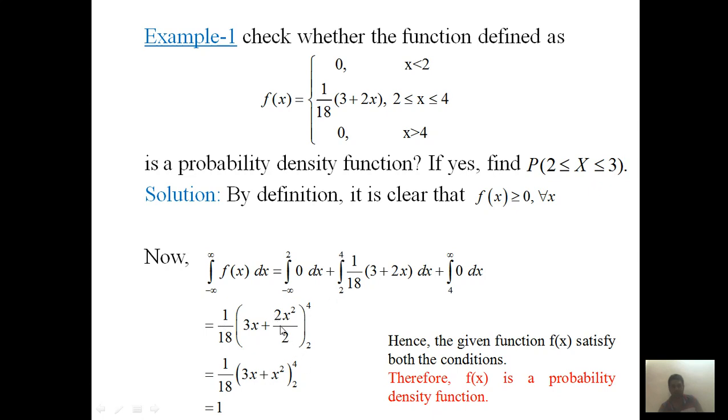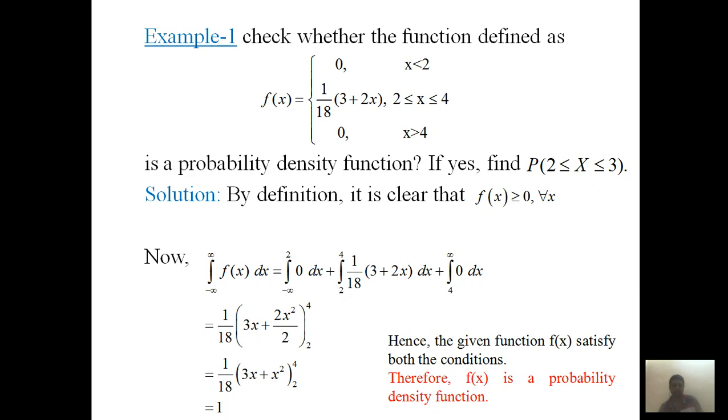For simplification we cancel out this 2, so it's 3x plus x square, boundary 2 to 4, 1/18 as it is. Now substitute the upper limit first, so 3 into 4 plus 4 square, minus the lower limit, 3 into 2 plus 2 square, and further simplification leads to the value 1.